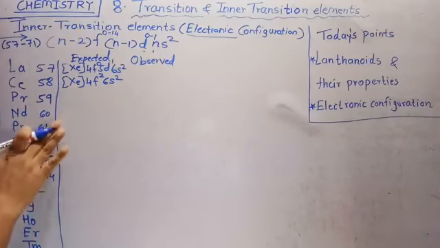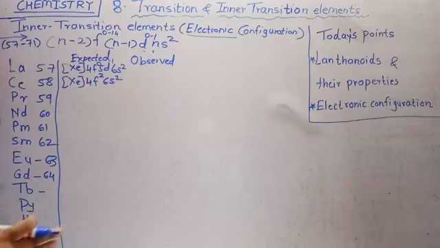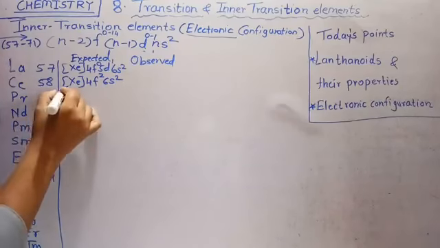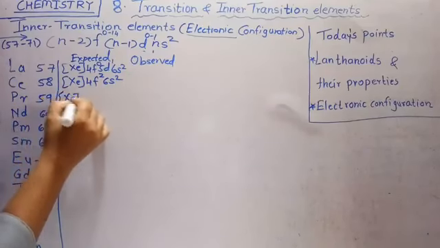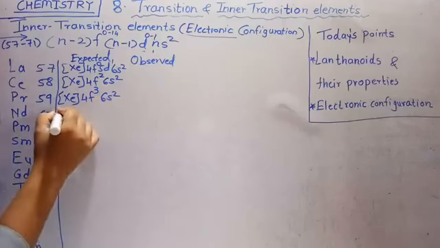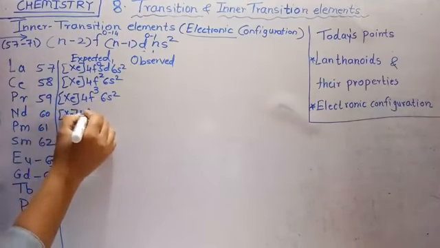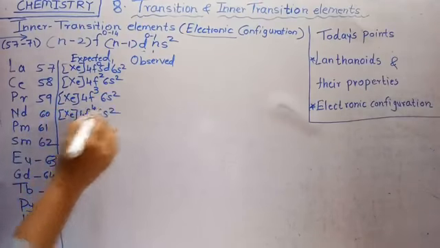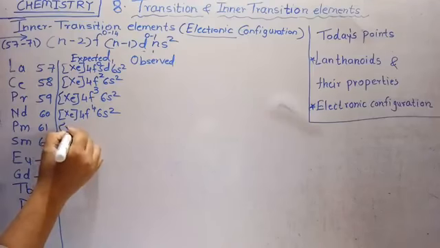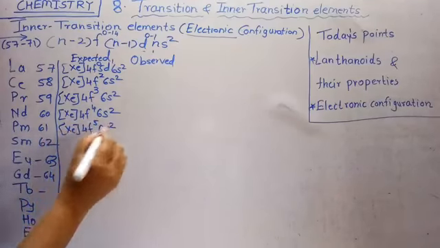After cerium, one electron is included in the 4f orbital, and that shows the expected electronic configuration 4f3, 6s2. Next, neodymium, xenon 4f4, 6s2. Next, promethium, xenon 4f5, 6s2.